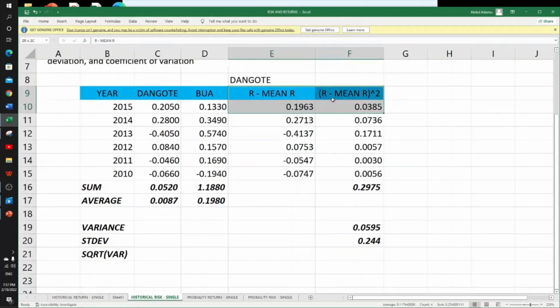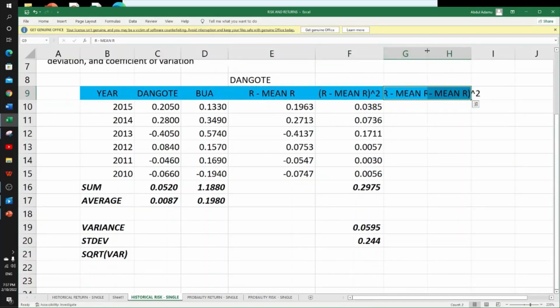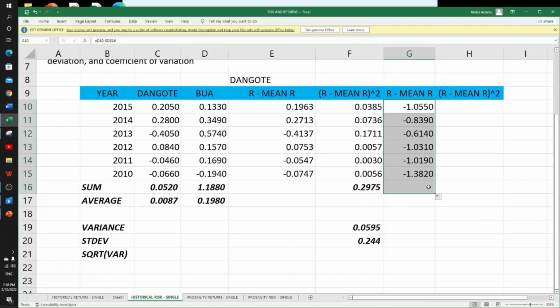Let me copy and paste here. So for BOA, say equal this minus this, F4 to lock it, enter, copy it down.